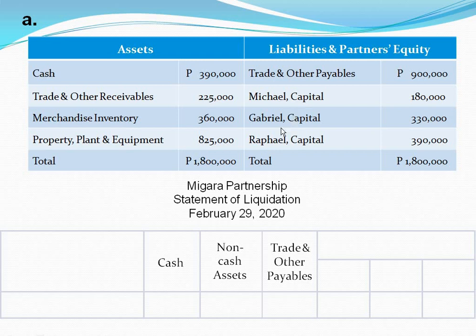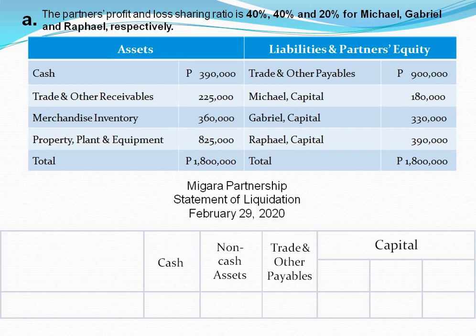Then, we have the capital accounts. But let's include each of the partners' profit and loss sharing ratio in our money column headings for the capital. 40%, 40%, and 20% for Michael, Gabriel, and Rafael, respectively.